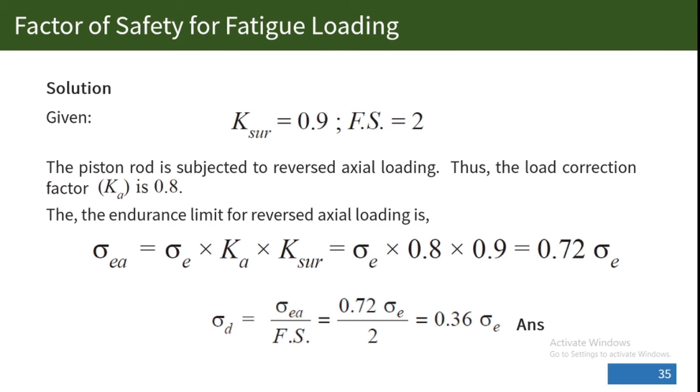So we simply substitute the expressions of the numerator and denominator. Thus, we already determined the expression for sigma sub EA as 0.72 sigma E, and we are given the factor of safety 2. Thus, the design stress is equal to 0.36 sigma E. So we have a variable answer in this problem.